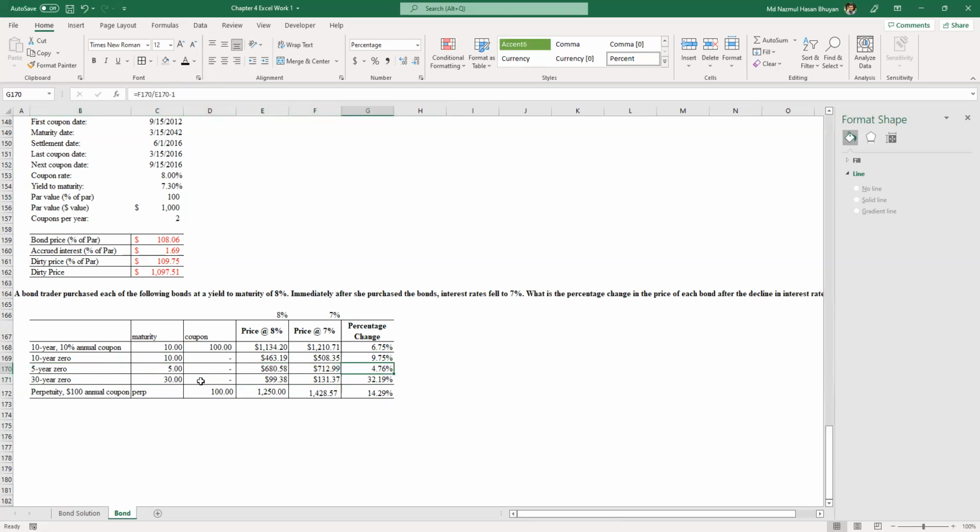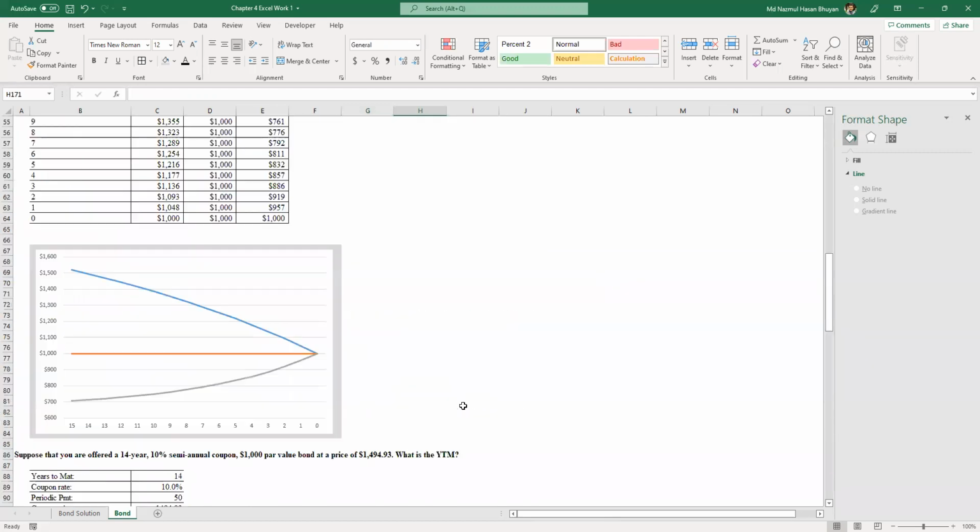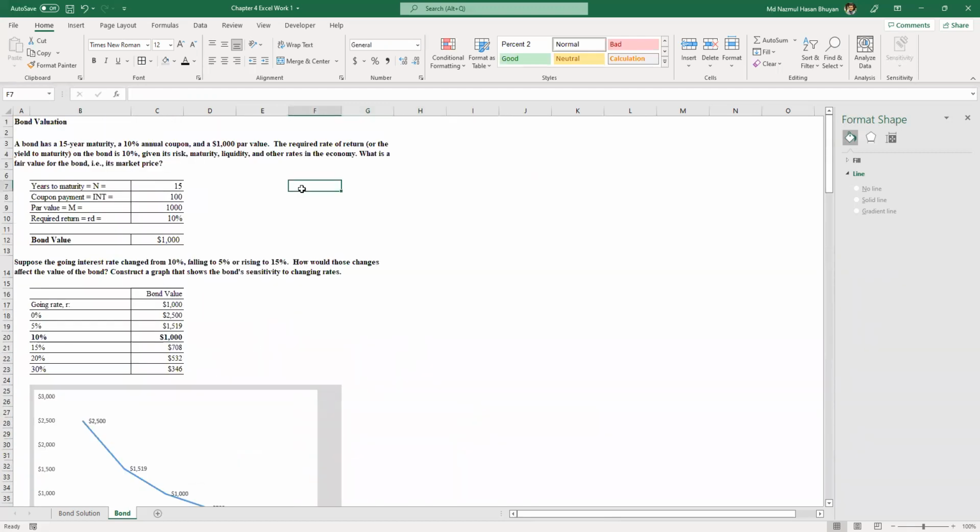From this particular example, what we learned is that as the maturity period increases, interest rate sensitivity also increases. That's all from the chapter. Thank you.